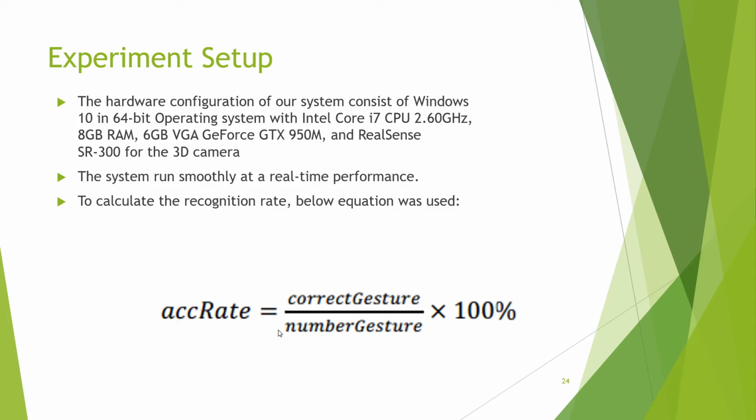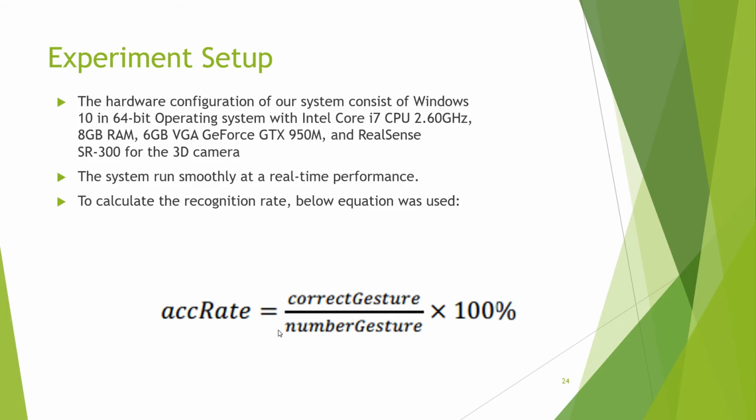The experiment setup uses this hardware configuration. It is Windows 10 64-bit with an Intel Core i7 CPU at 2.6 GHz, 8 GB RAM and a 6 GB VGA GeForce GTX 950M, and the input device is the RealSense SR300, a 3D or depth camera.